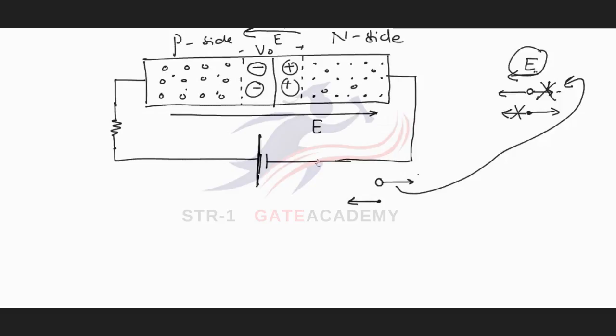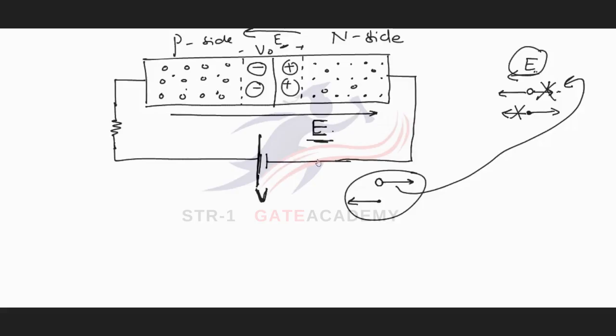So first, the supply voltage should be that much stronger. The supply voltage should make this electric field stronger than the junction's electric field, so that the flow of charge carriers can start.